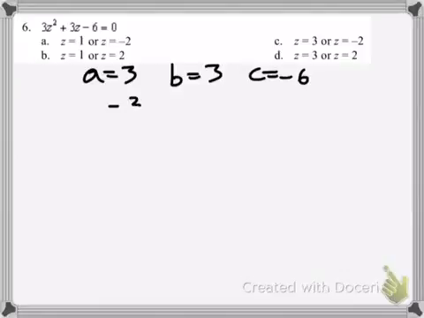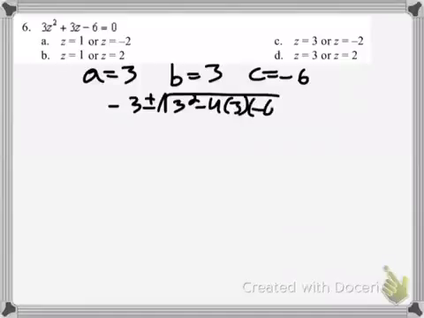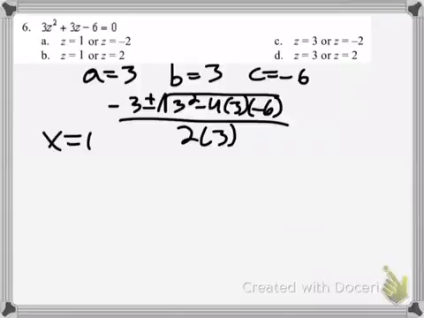So that'd be negative 3 plus or minus the square root of 3 squared minus 4 times 3 times negative 6, all over 2 times 3. We're getting x equals 1, x equals negative 2.